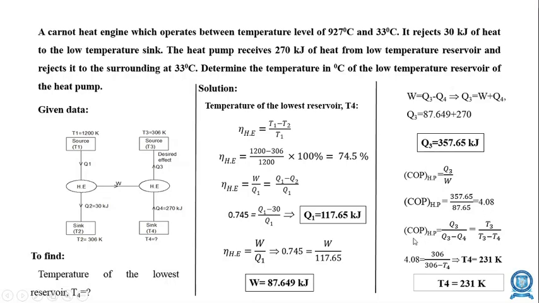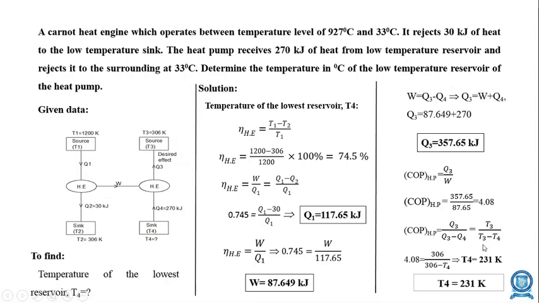Then by using the coefficient of performance formula, that is Q3 divided by Q3 minus Q4, or else T3 by T3 minus T4. That is the higher temperature divided by the higher temperature minus lower temperature.